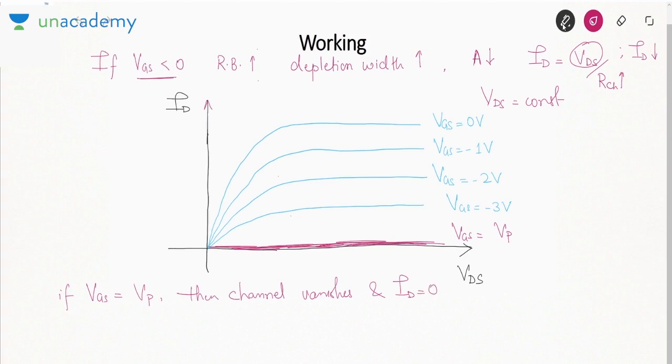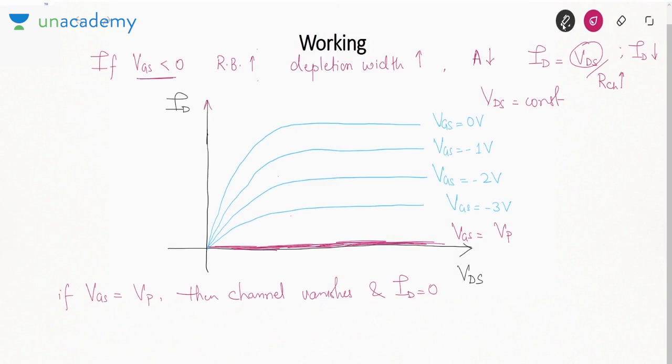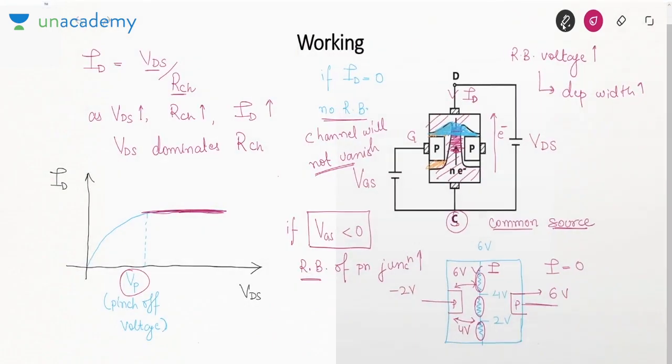Remember, when you make VDS equal to VP, if the drain to source voltage is equal to VP, the drain current does not become 0 but it becomes constant. But if you make VGS equal to VP, the drain current becomes 0. Why is it happening?